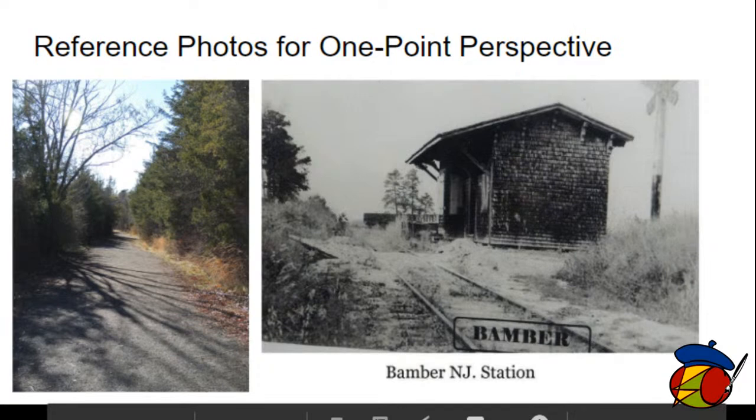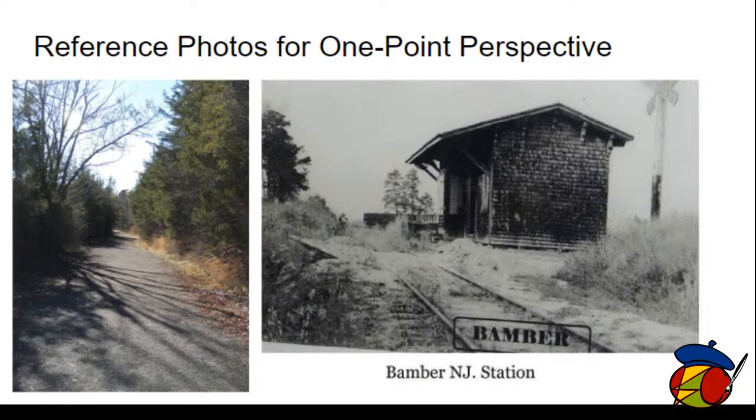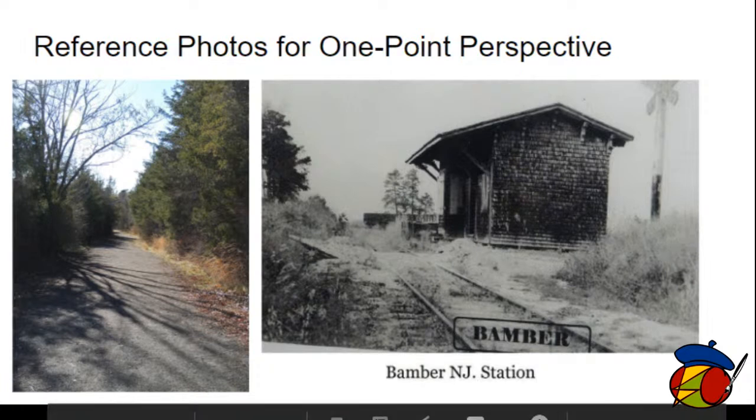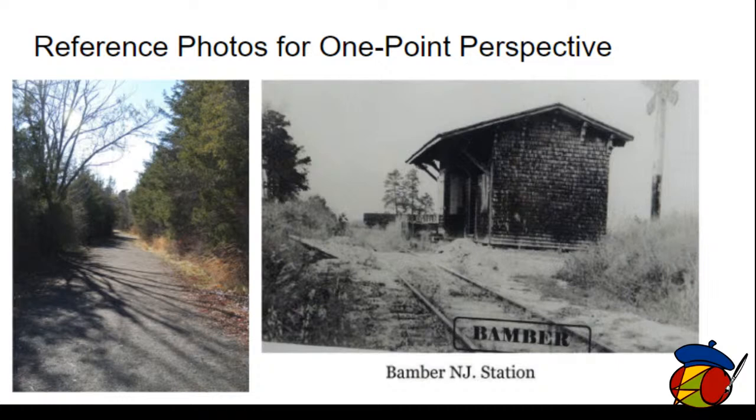And now in this historical picture, it needs to be rotated a little bit. But anyway, you can see again, you can imagine the orthogonals of the railway converging at this vanishing point. And here we have a square. It's got a little triangle on top, for the roof.